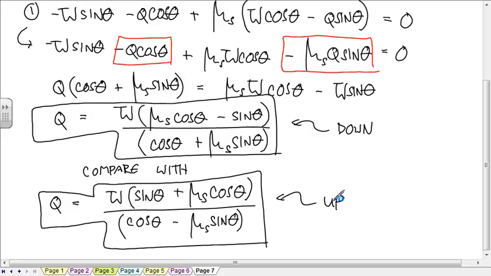That's to get it going up. And you can see that to get it going up, you have a bigger numerator and a smaller denominator. And so going up has to be a bigger force than going down. Any questions about that?